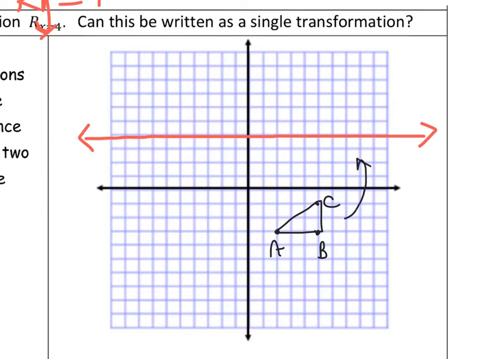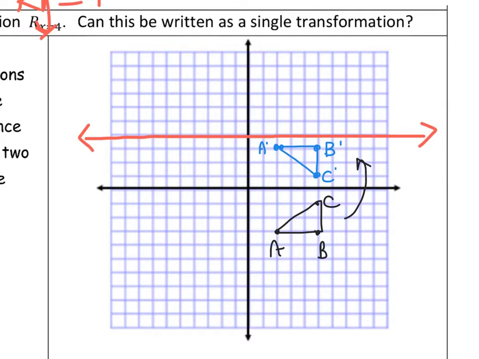Let's go ahead and do that, and I'll do that in blue. The pre-image and the image are equidistant from the line of reflection, all the points. So C prime is here, B prime is here, and A prime is right there. So there's my reflected image over the x-axis.